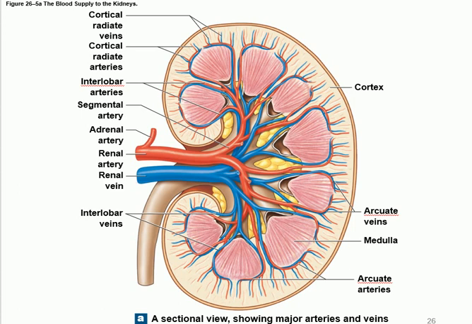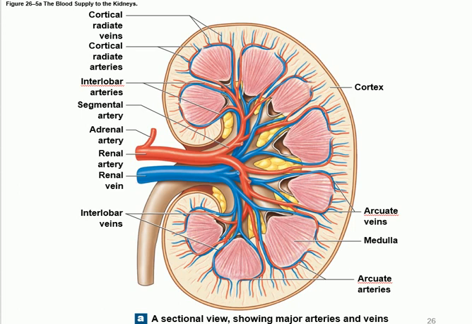Here it is. Look at it again. Renal artery, segmental. Here we have two segments, like half and half. What's after the segmental? It runs in between these lobes, so we call it lobar, and then arcuate, and then the cortical radiate right here. After the cortical radiate, it's not shown here, but it goes afferent, glomerulus, and efferent.